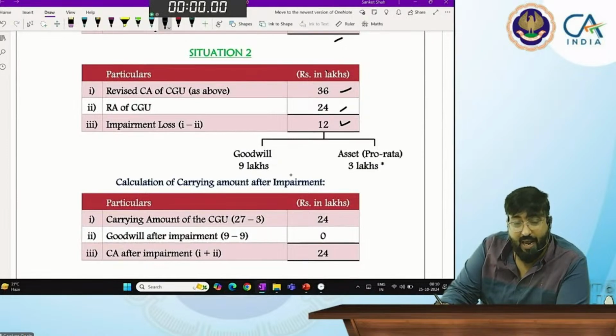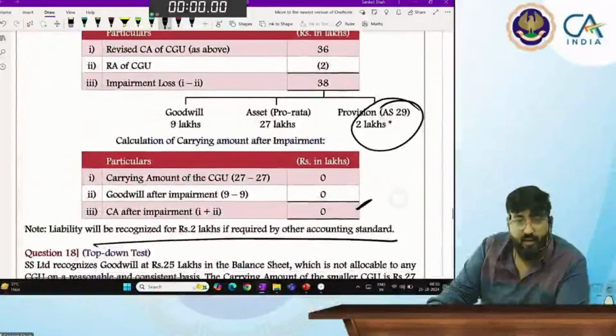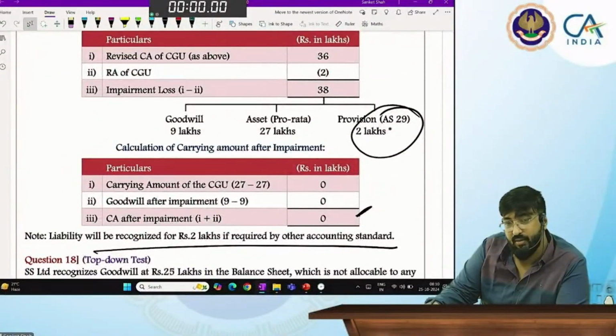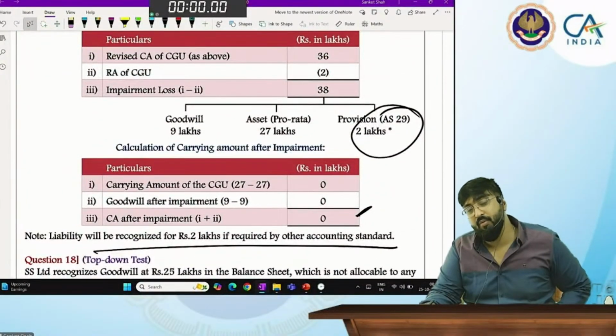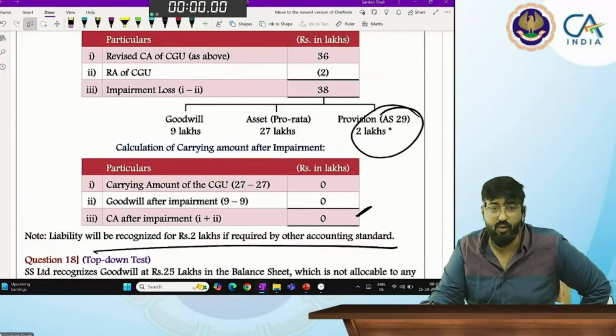Goodwill is 9 and other assets is 3. So 24 will be the carrying amount of CGU, goodwill is 0 and 24 is the other assets. And in the last situation, 36 minus 10, 38. From 38, goodwill 9 is reduced, assets 27 and provision is 2 lakhs.